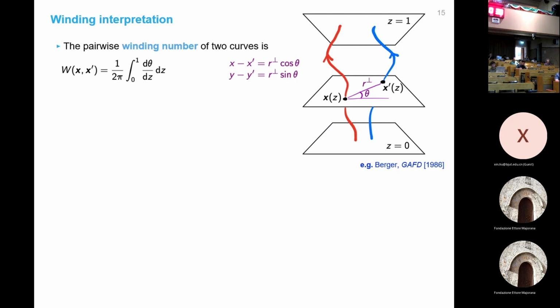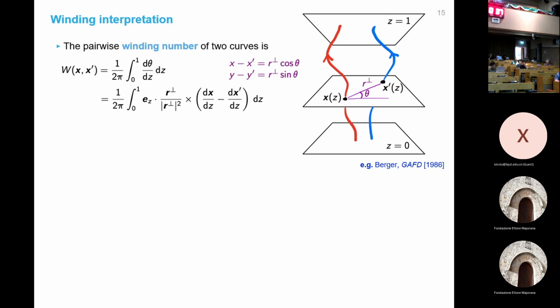Theta will change as they move up in height through this domain. If you calculate the net rotation, you get this thing called the winding number. You normalize it by 2 pi to get an integer number of rotations if the curves came back to the same place. In general, they're not going to come back to the same place, so it'll just be a real number.